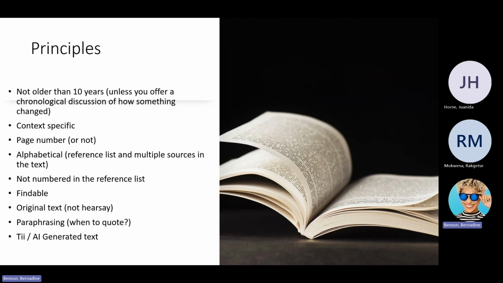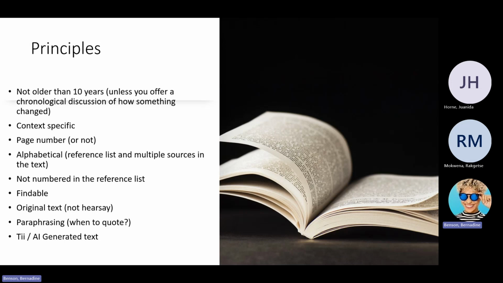But if I am arguing that Mokoena argued in 2021 that the low-card principle is largely misunderstood, then I have to make mention of the specific page number that I used that specific argument or viewpoint from.